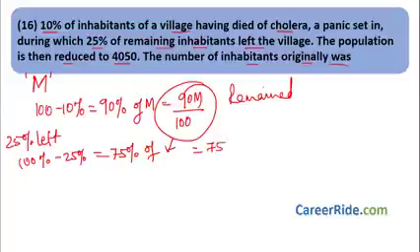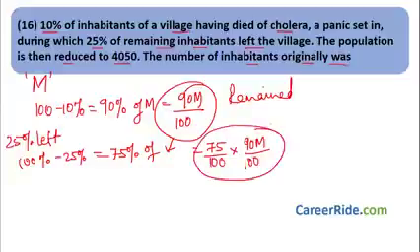That is 75 upon 100, because percentage is divide by 100, and this "of" means multiply, and this is nothing but the remaining people. So these many people still remained in the village.